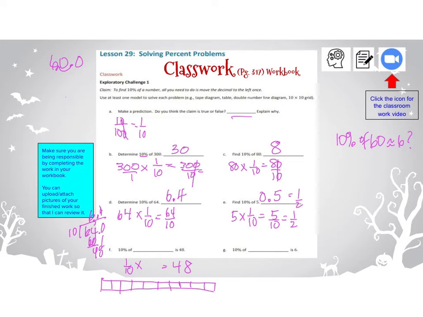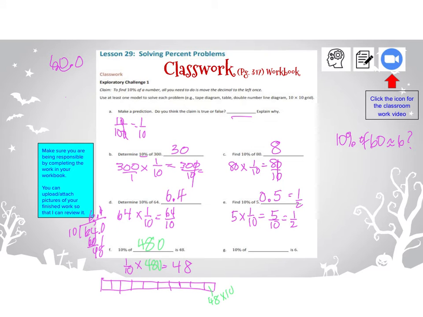So they're saying one of these is equal to 48. But if I had 10 of those, what's 48 times 10? I get 480, right? 48 ten times. So I can throw that in here, 480.